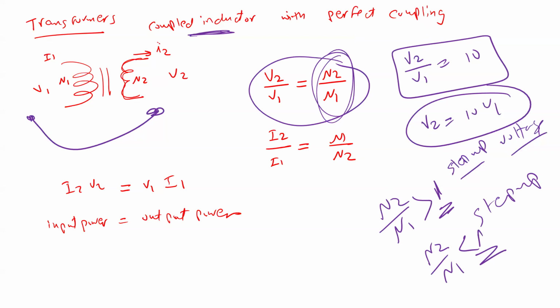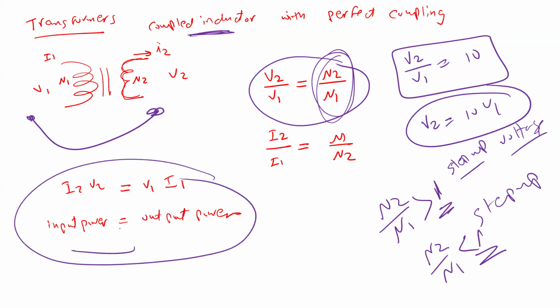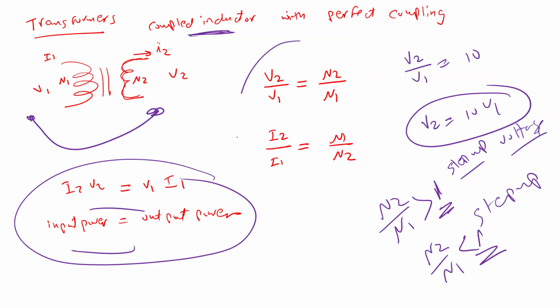And not only that, the amount of power is the same. If you multiply these two ratios together, the result is 1: N2 divided by N1 times N1 divided by N2 is 1.